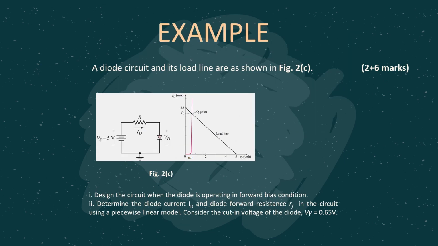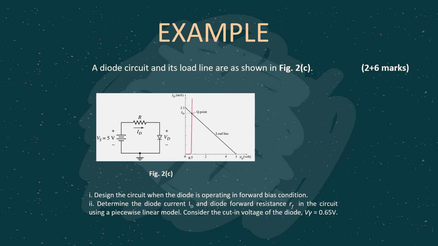Talking about load line analysis, sometimes it's not that straightforward where a circuit is given and you need to plot the load line graph. It can also be a reverse approach, as you can see from this example. In this example the circuit is given, and even the Q point and the IV characteristics are all given.